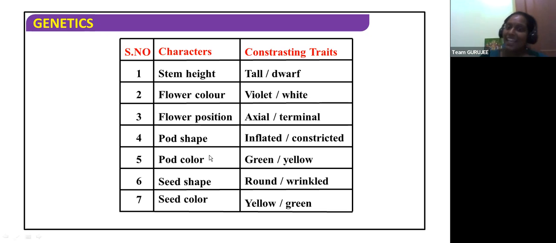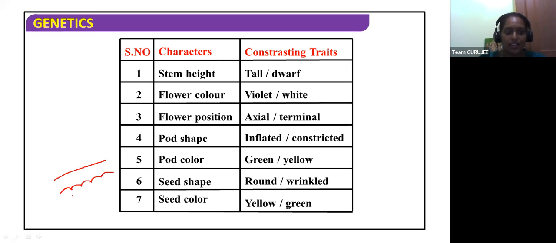Pod shape is inflated or constricted. Even now, if you get pea pods from the market, some of the pods may be flat, but still you can find the small seeds inside them. Some may be constricted. Inflated is completely like this. Constricted is where for every seed there will be a constriction like this.